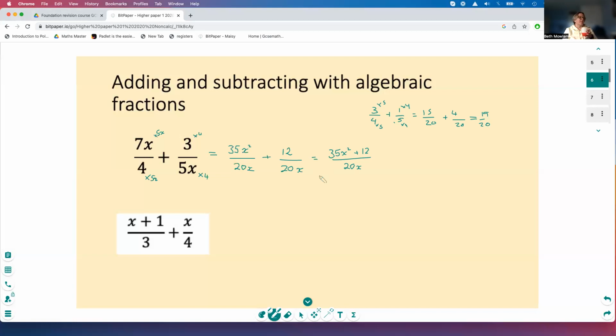There is not in this case, so that is the simplest form. So you make that and then try and simplify at the end. Step one is finding your lowest common multiple for the denominator.